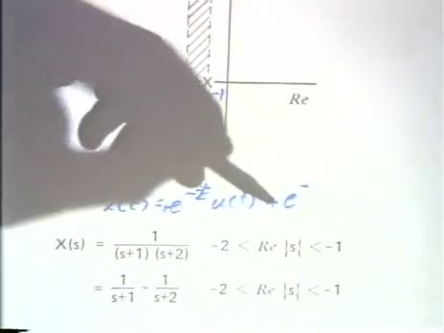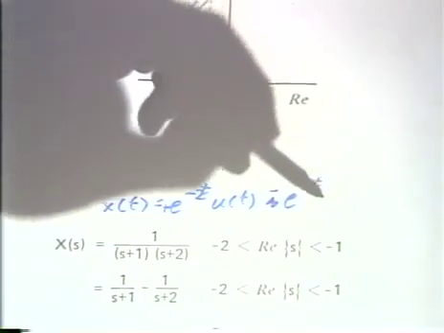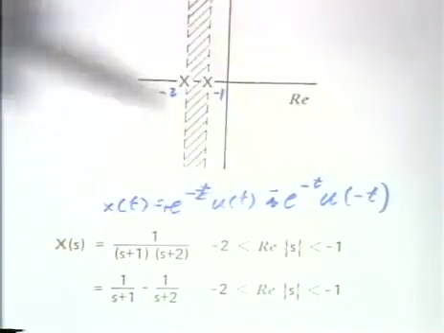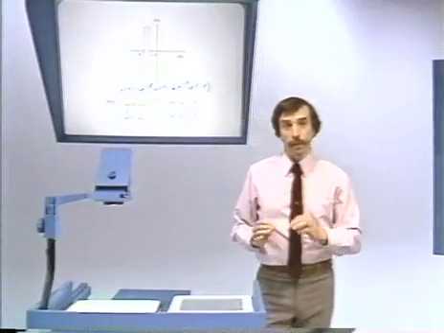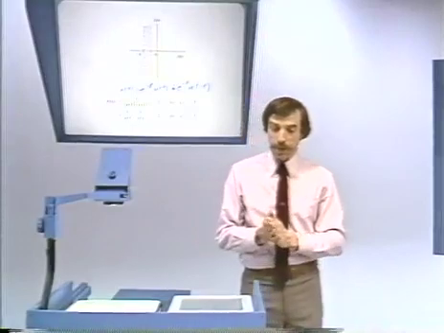This would be a plus sign, and this would be minus e to the minus t for t negative. And you'll look at that a little more carefully when you sit down with the video course manual.